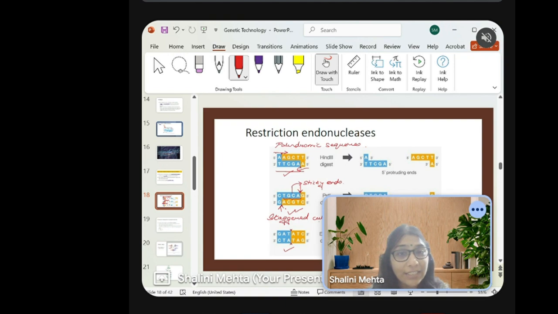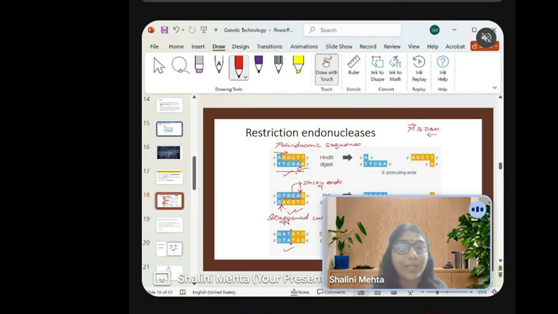It can be read the same in both directions. Another example is the word madam. Either you read it from this direction or this direction, it's the same. Those sequences which we can read the same from both directions are referred to as palindromic sequences.